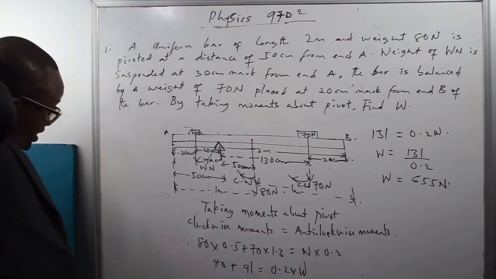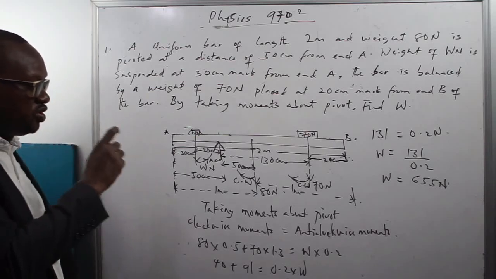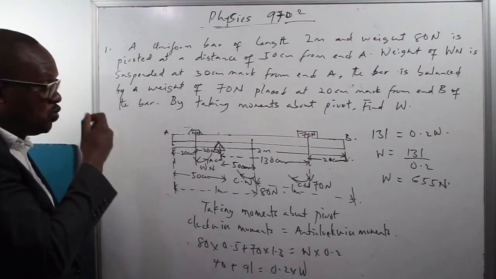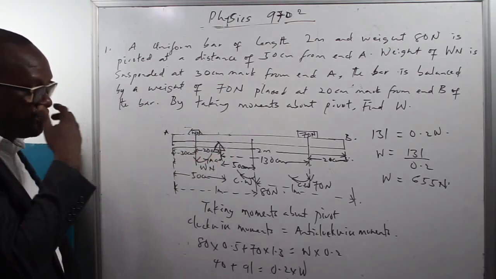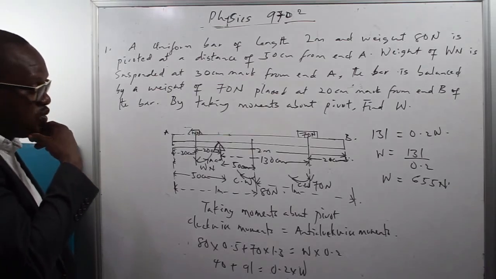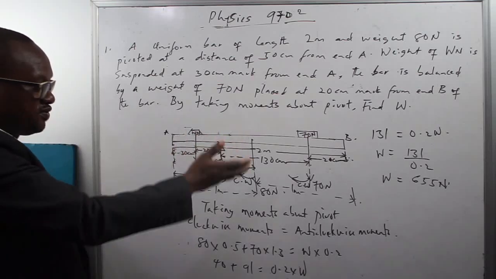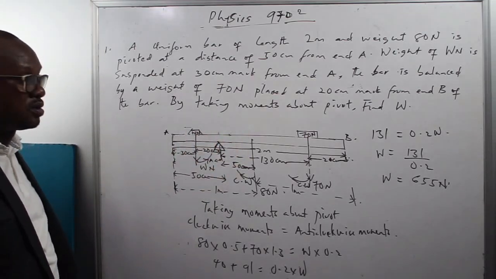Number one is that we identify the position of the weight of the object at the middle. We identify the clockwise and anti-clockwise moments. We identify their distances from the pivot, and we took the moments of all the forces about the pivot to solve for the unknown. All right.